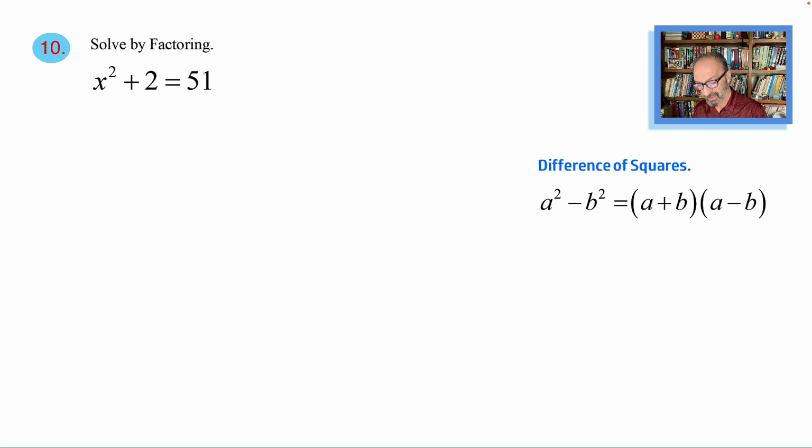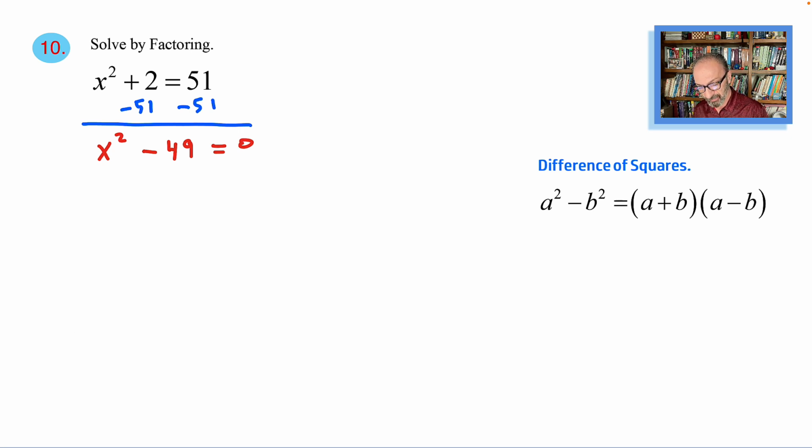To get to that part, I'm going to subtract 51 from both sides. When factoring, we usually end up with one side, the right side, being 0. So this simplifies to x squared minus 49 equals 0.